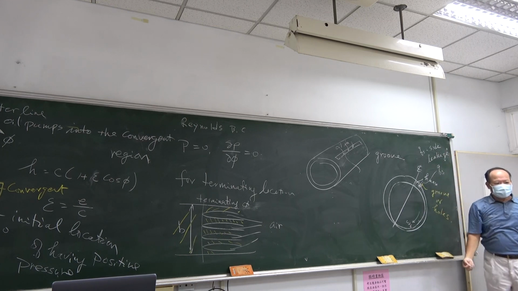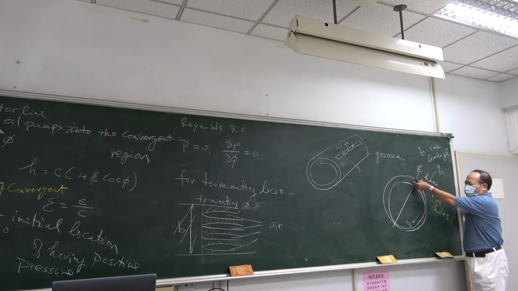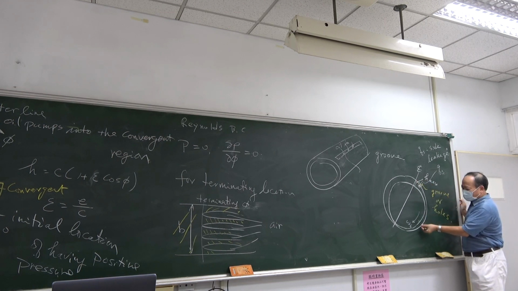Why have side leakage? When oil flows into the conversion area, you'll find that the path or passage width becomes smaller and smaller, narrower and narrower.